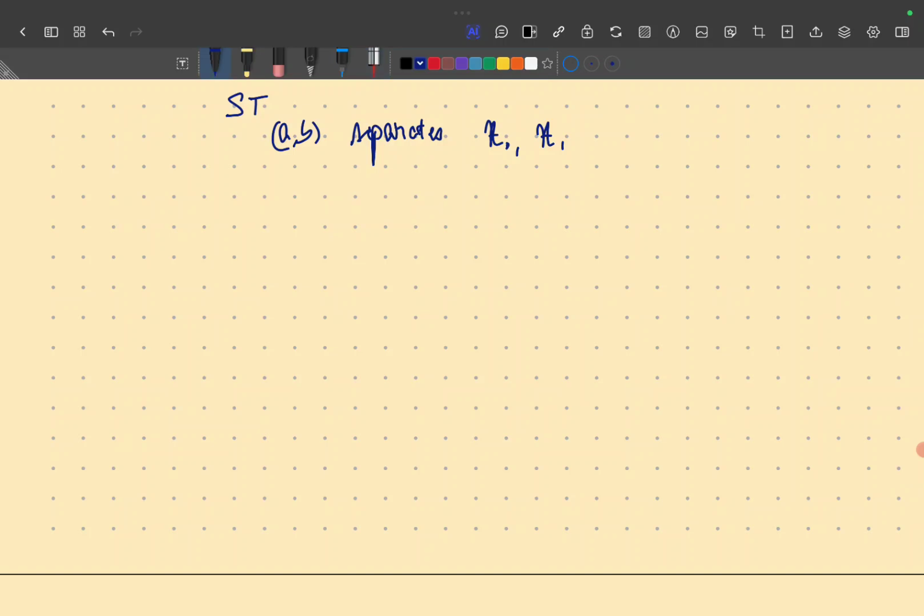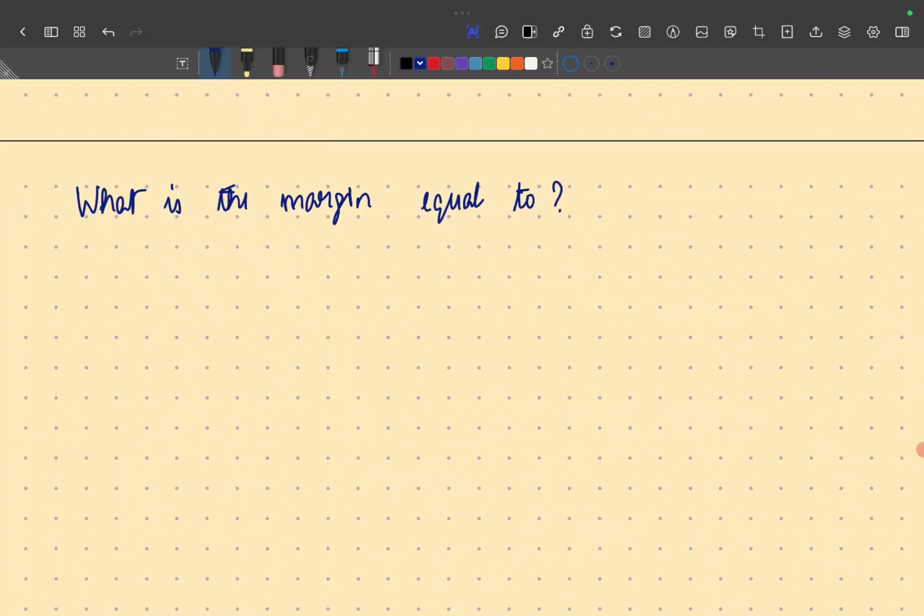Basically, we're given some point xi in R^d and we're given (a, b).